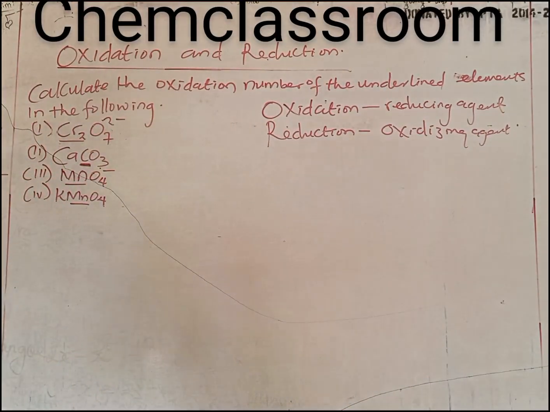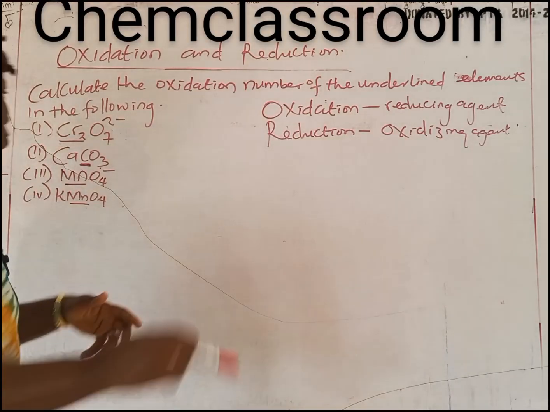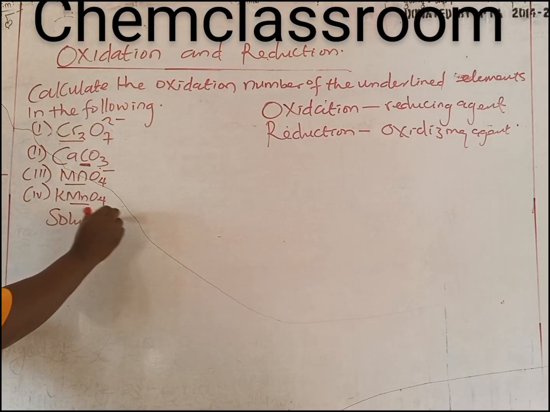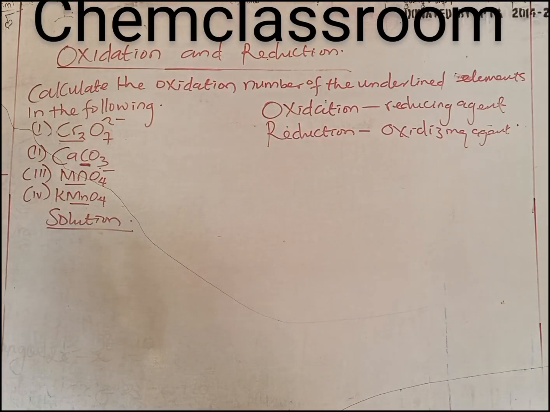If we are able to know this, we will not have issues. So now let's come to the board and see what we have to solve. We have 4 questions on the board. It says calculate the oxidation number of the underlined elements in the following. The first one is heptaoxodichromate(VI).